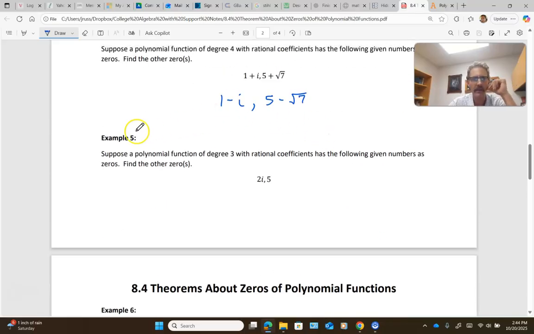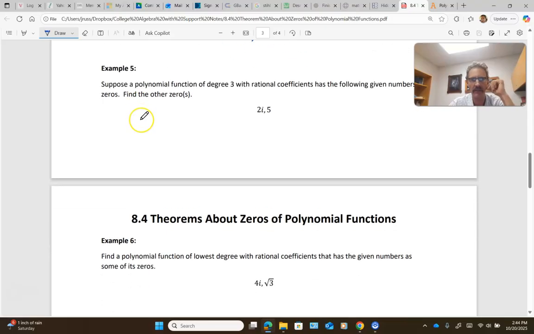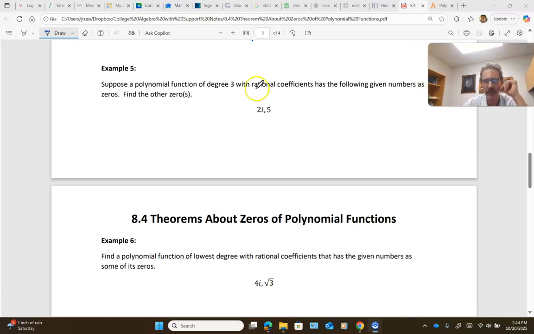Now let's take a look at example 5. Suppose a polynomial function of degree 3 with rational coefficients has the following given numbers as zeros.